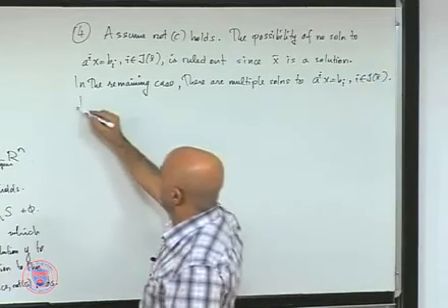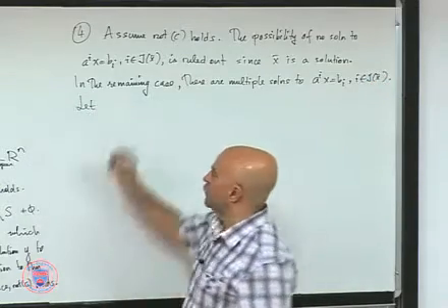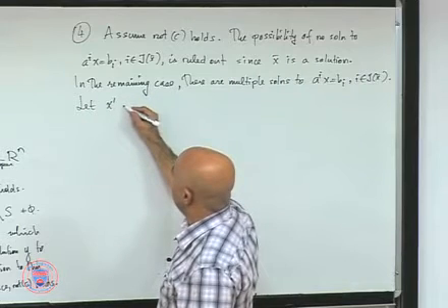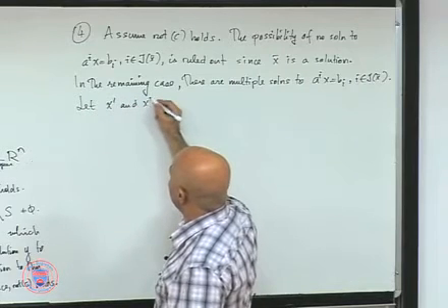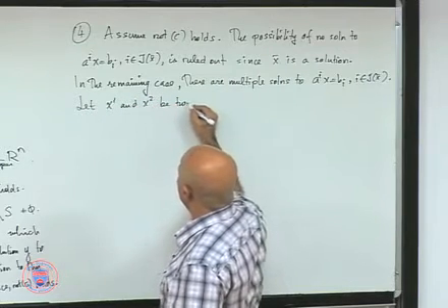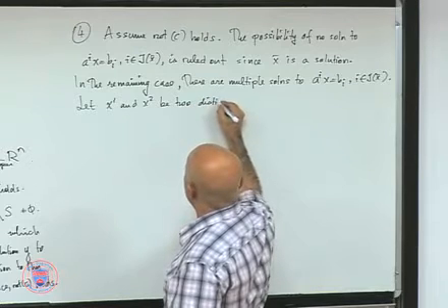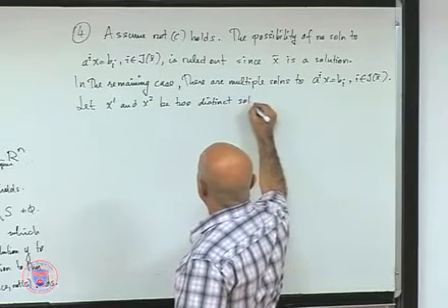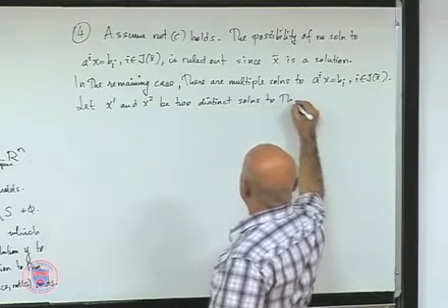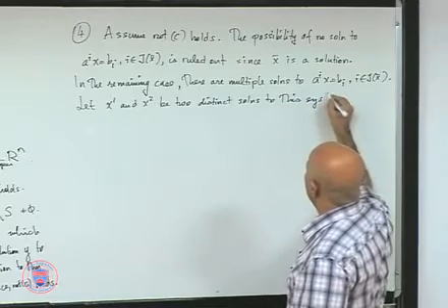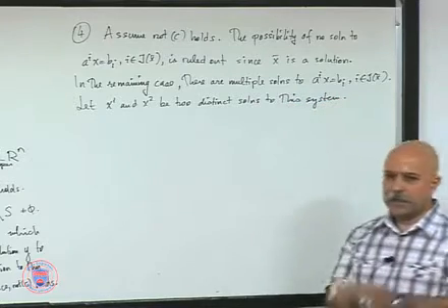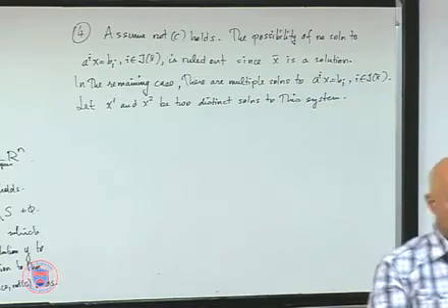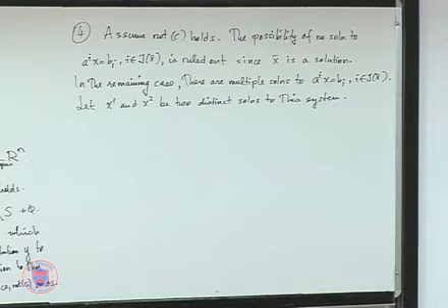So let's pick two of them. Let x1 and x2 be two distinct solutions to this system. Distinct means they are not exactly the same. They are different in at least one component.